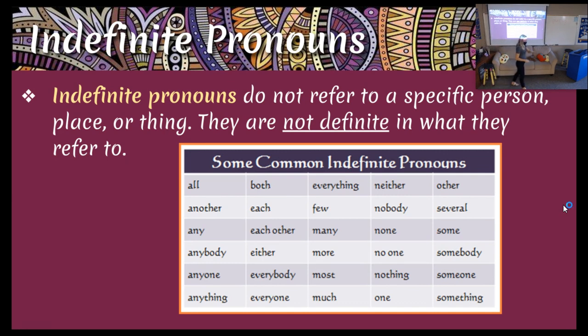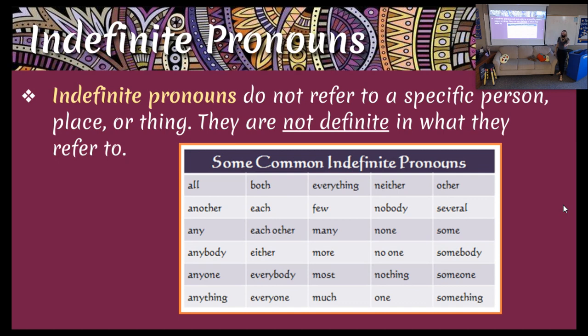One way to remember most of the indefinite pronouns: if it ends with one, body, or thing, it's an indefinite pronoun. So you can see anybody, anyone, anything, everybody, everyone, everything, nobody, no one, nothing, somebody, someone, something.